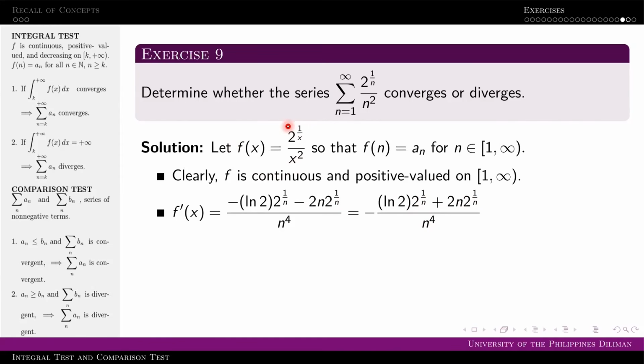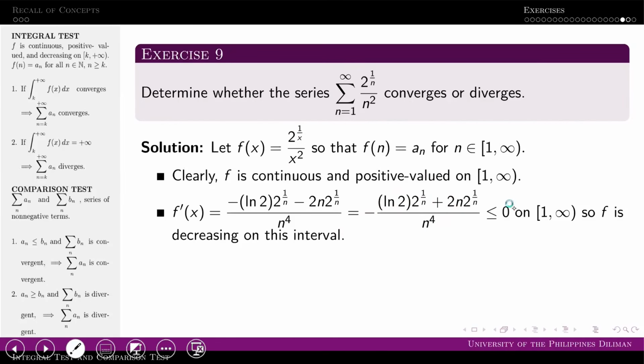So, lahat ng terms on our derivative are positive naman. So, if we multiply it by a negative, we will have something less than or equal to 0 on our interval. So, decreasing siya. Hence, yung integral test natin is applicable.